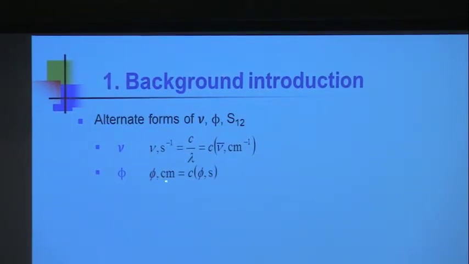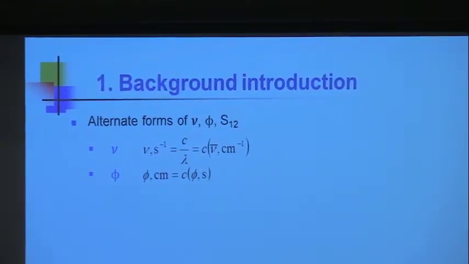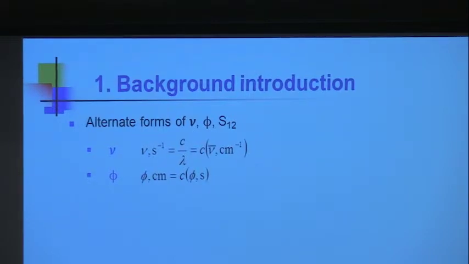We can do this with units of centimeters, or we can do it with units of seconds. The units of phi are the inverse of the frequency type being used. So if we have centimeters minus 1, then phi will be in units of centimeters. If I have K in terms of hertz, then I'm going to have phi in seconds. We typically use this one.